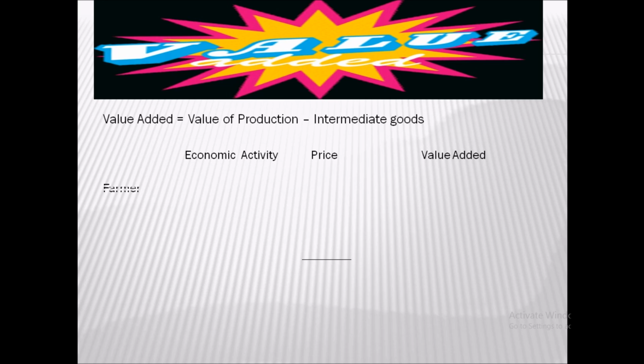Let's consider the economic activity of making a biscuit. It all starts with a farmer who harvests wheat, and his cost of production is 100 rupees. So the value added by the farmer for harvesting the wheat is 100 rupees, and a miller buys this wheat and in turn makes flour out of that, and the value added by him is 100 rupees.